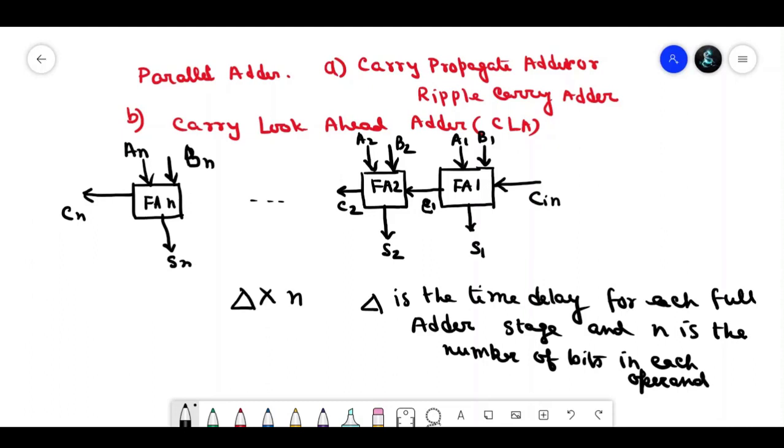Okay, so this is the circuit of the carry propagate adder or ripple carry adder. This is basically the block diagram. Here the adder is a combinational circuit. This is faster than the serial adder. Serial adder was a sequential circuit, whereas the parallel adder is a combinational circuit.